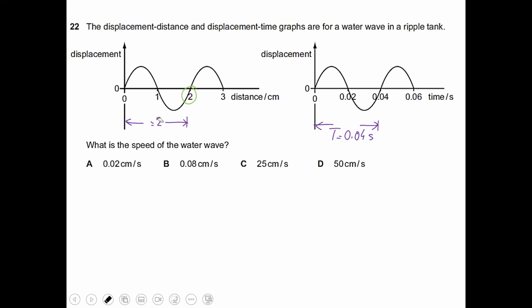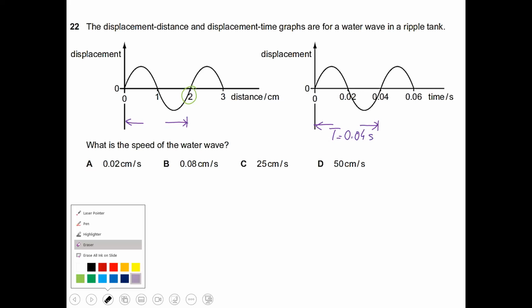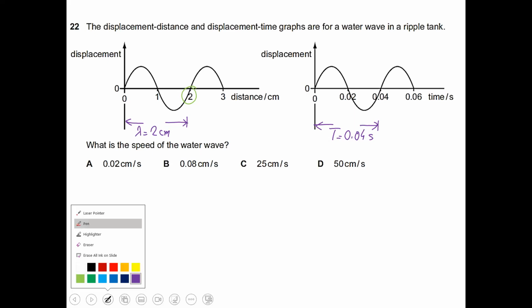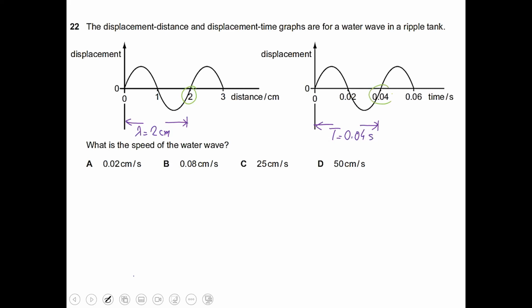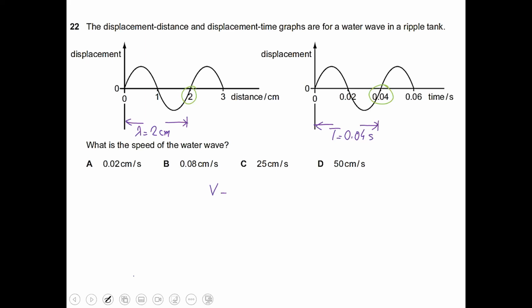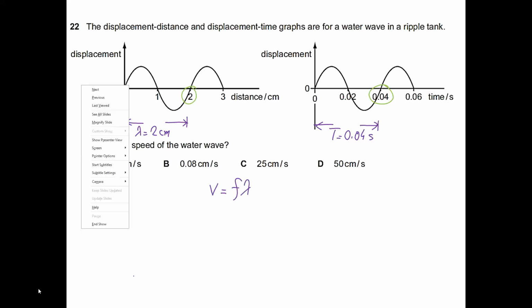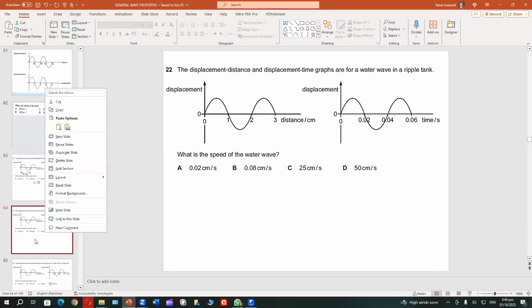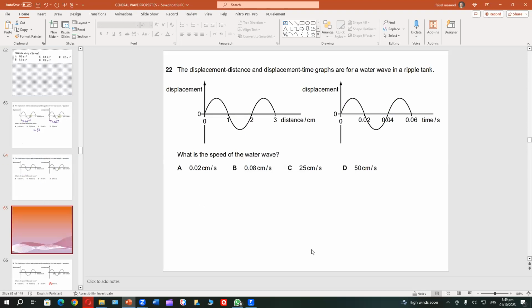Now, should I keep the lambda in centimeter, or should I convert into meter? Please reply. The unit of wavelength is meter. So how should I make the calculation now?